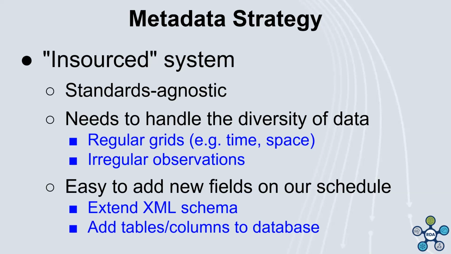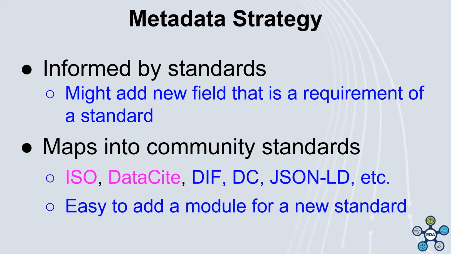So we can extend our XML schema when we need to add tables and columns to our database and so forth. We don't have to wait for somebody else to update something. But it is informed by the standards. So we might add a new field to our metadata system if it's a requirement of a certain standard that we want to map into.